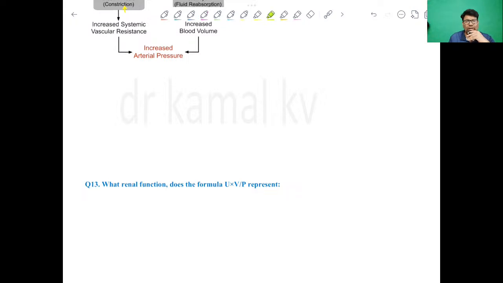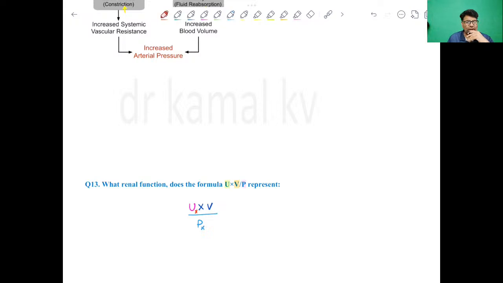Then in relation to the renal function, there is one formula, that is U into V divided by P. So here U, then V and P, right? U is for one particular substance, say X. So this is Ux, then Px.